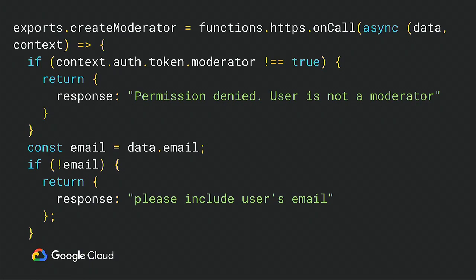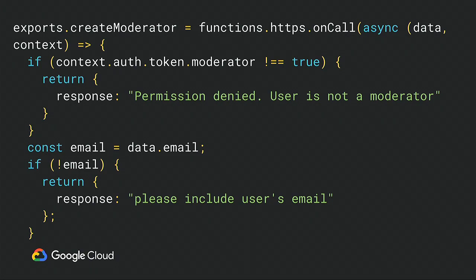We check the context because it also passes information about the user who has made the request. We check their auth token and see if they are already a moderator. If they are not, we let them know that they don't have permission to make this change. This format might look a little strange if you're used to doing HTTP calls, but this is just how it's done. So you can return your fields instead of doing like a response.send.